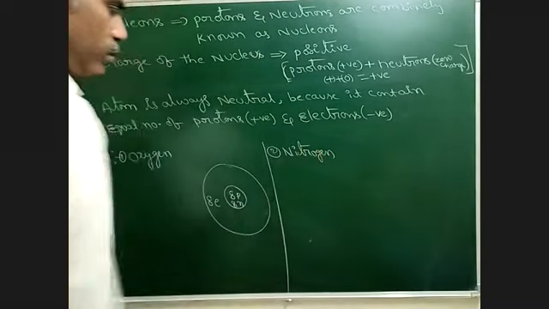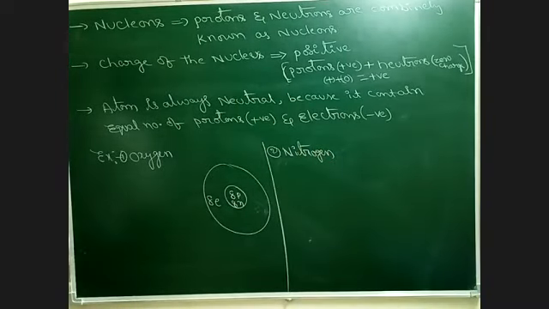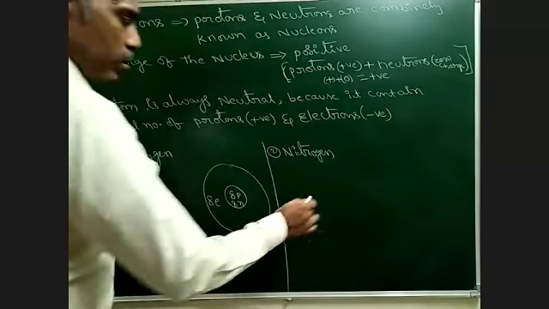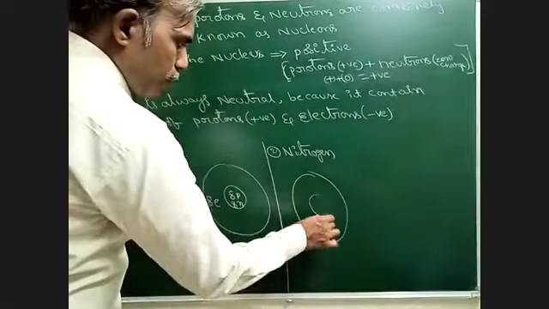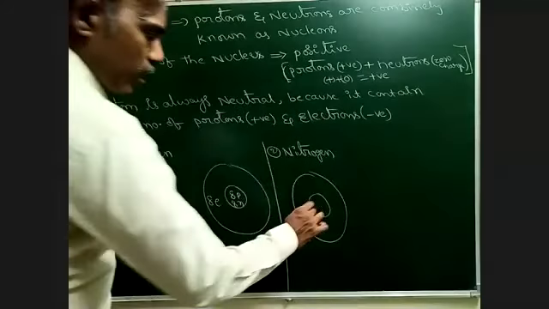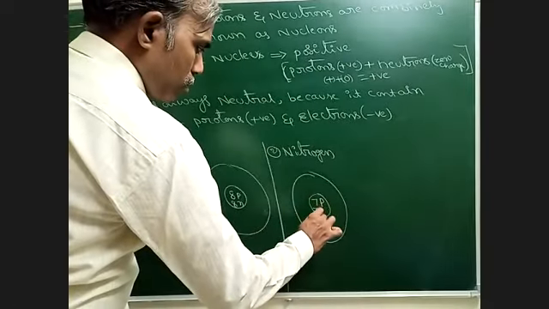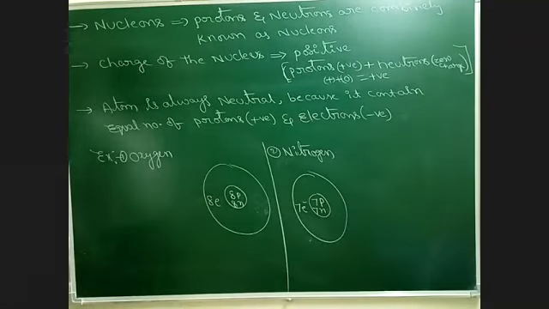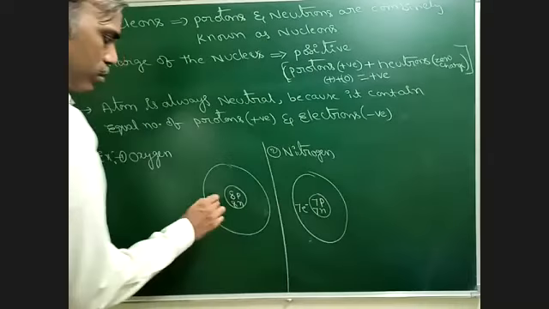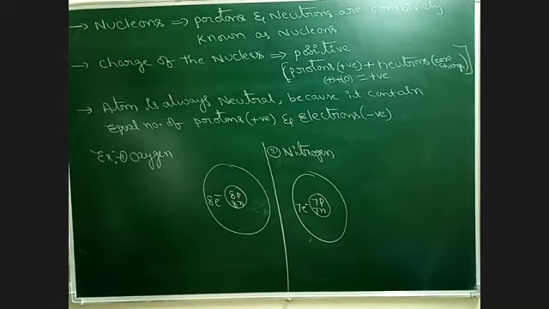In the nitrogen atom, the central part is the nucleus. It has 7 protons, 7 neutrons, and 7 electrons.